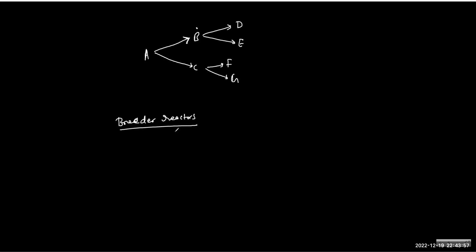So in the breeder reactor, what we do is we generally enrich the uranium fuel rod. In a way, you make more and more unstable nuclei through the moderate bombardment of the fuel rods with neutrons.